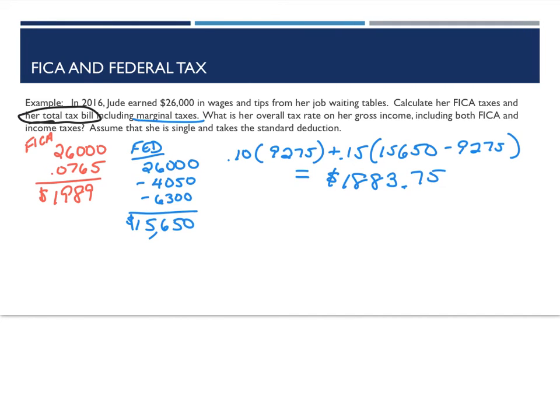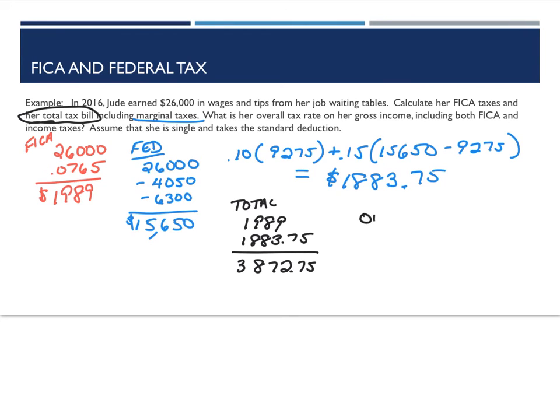Her total tax bill is the $1,989 that she got from FICA, plus the $1,883.75 she had to pay for federal, and that totals up to $3,872.75. That's her total tax bill.